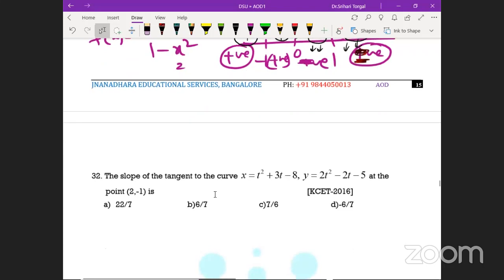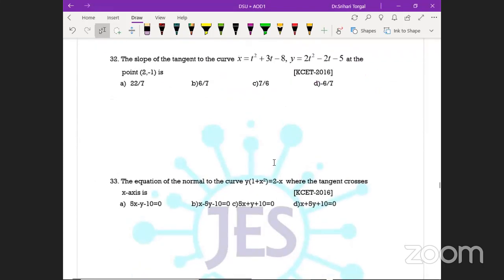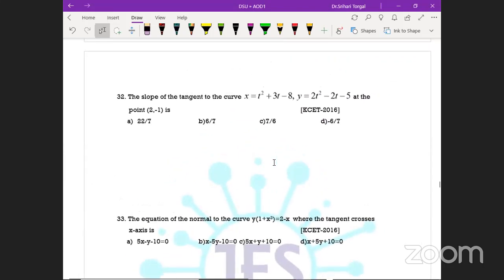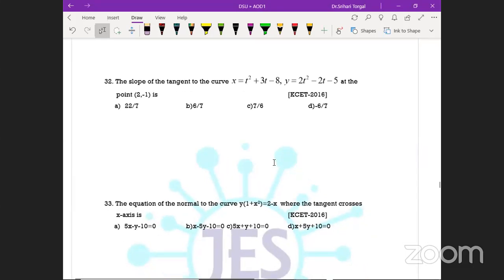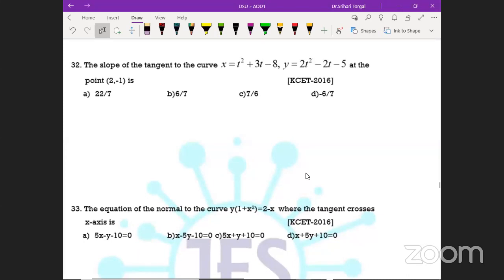Let's move on to the tangents and normals topic. This was asked in Karnataka CET 2016. The slope of the tangent to the curve, x they have given, y they have given, and at the point 2, minus 1.